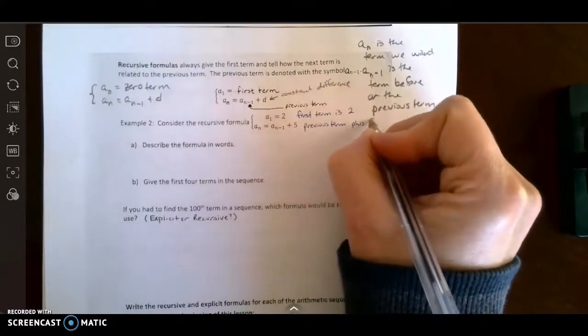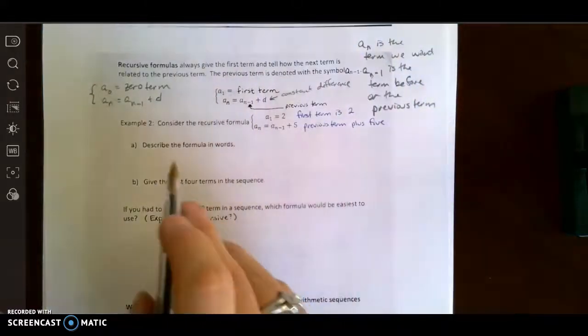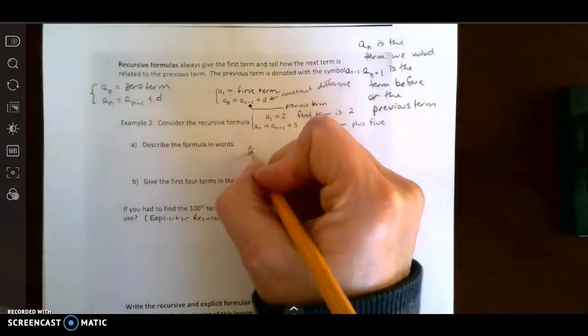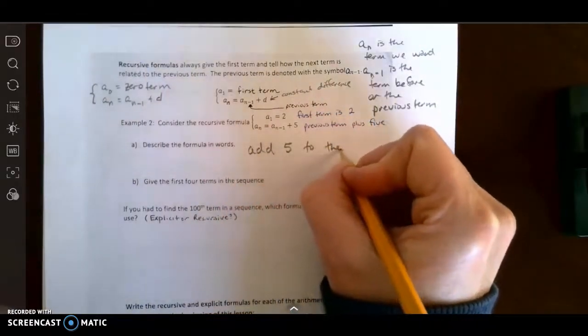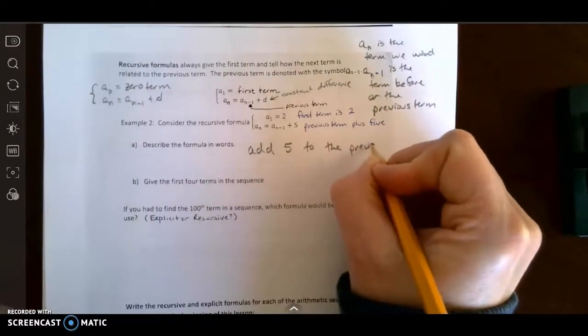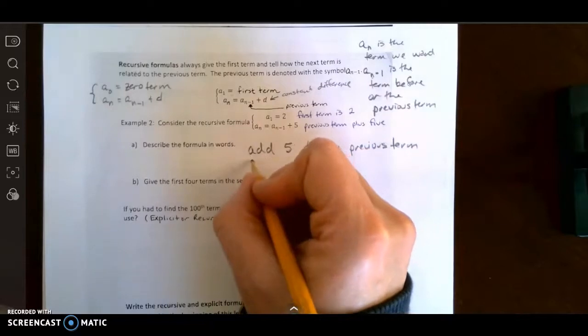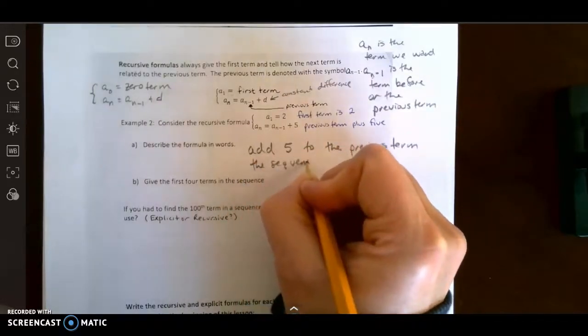Let's do that. So describe the formula in words. We are going to add 5 to the previous term. The sequence begins at 2.